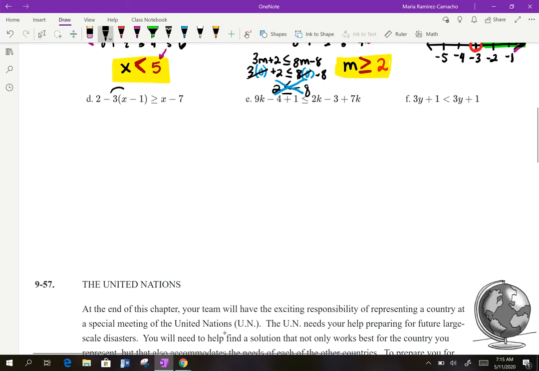So let's distribute here and here. In this case, distribute -3. So we have -3 times x is -3x. -3 times -1 is +3. Combine like terms.